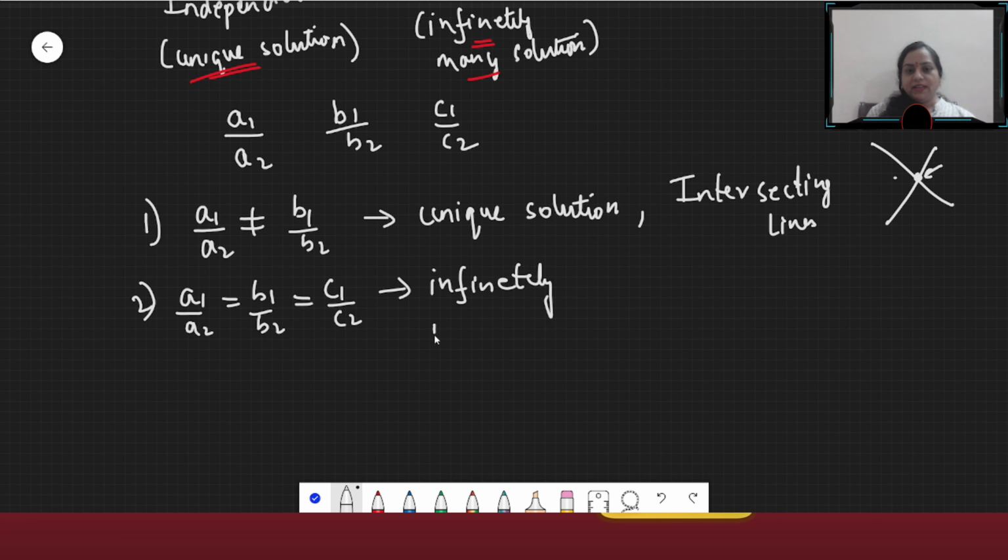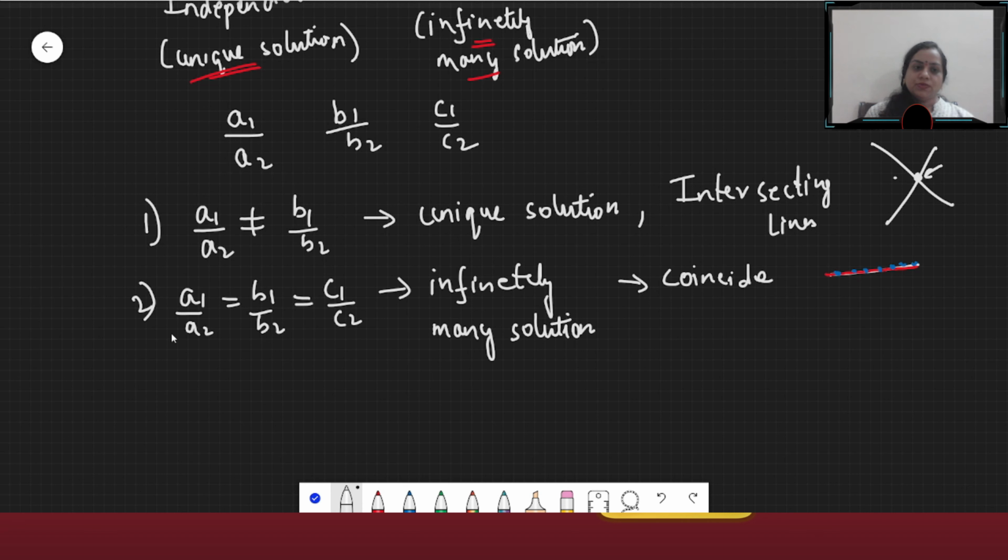If we plot these equations, the graphs are going to coincide with each other. That means if I have one graph like this, the other graph will also coincide on it. Each and every point on the graph is a solution, which is why we say it has infinitely many solutions.